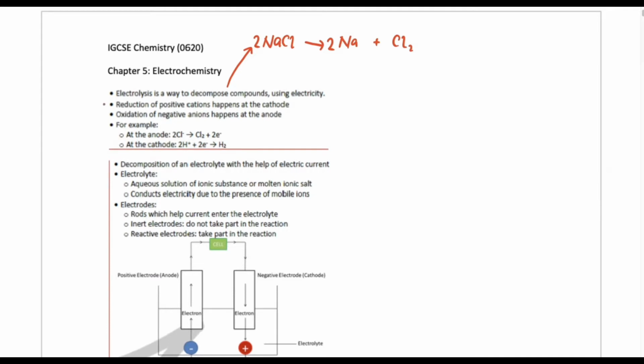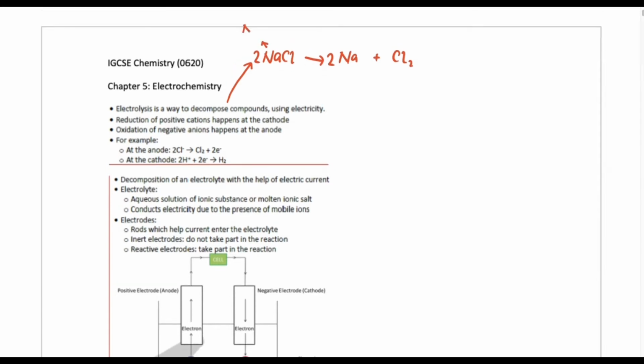So the second point, we have the reductions. Reductions of positive cation happens at the cathode. So positive cation, who is the positive cation? It is Na. So we have to know that this Na is actually Na positive ions. It's an ionic compound. This is Cl negative.